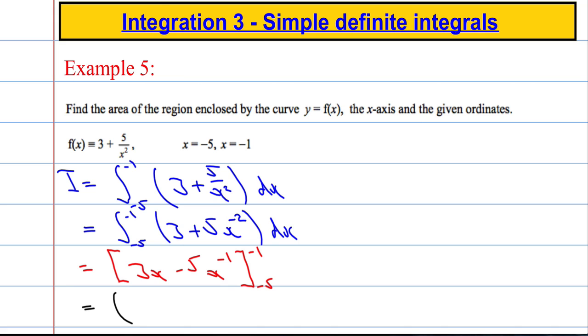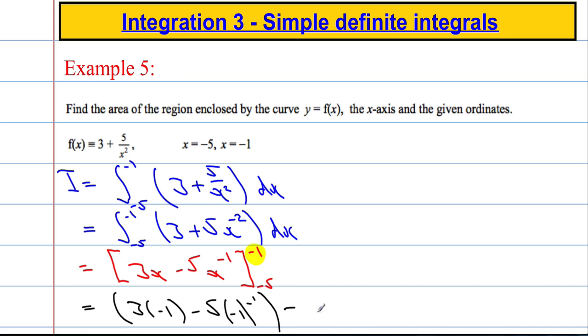So what we need to do is first of all put in the upper limit. 3 times -1 minus 5 times -1 to the power of -1. And close it off.